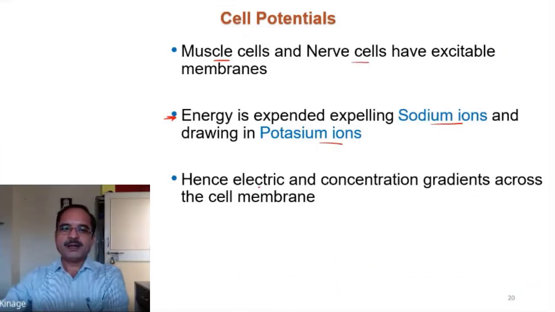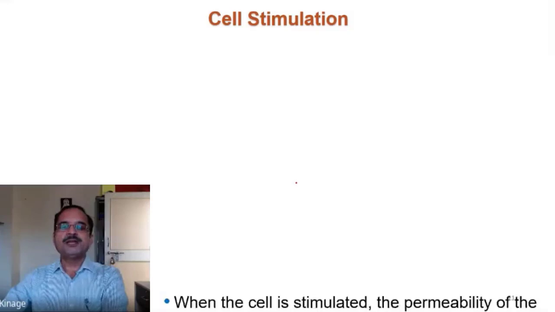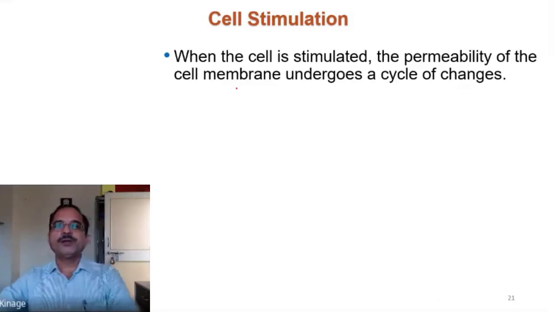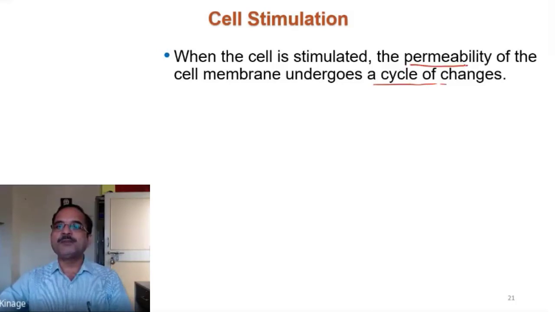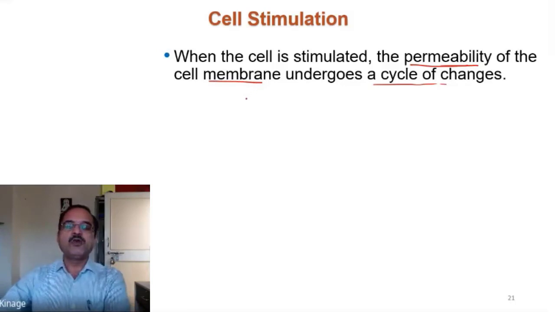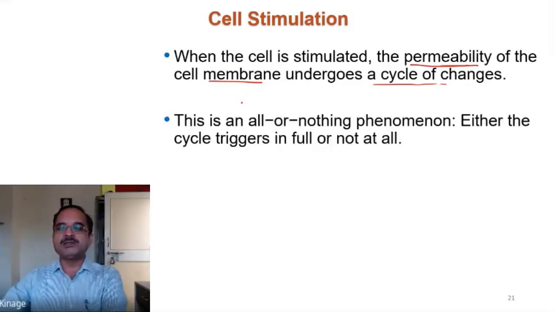So the electric and ion concentration gradients change because of the cell stimulation. When the cell is stimulated, the permeability of the cell membrane undergoes a cycle of changes. After excitation, the permeability of the cell membrane changes, and because of that the movement of sodium and potassium ions happens, and it gives rise to some electrical signal.